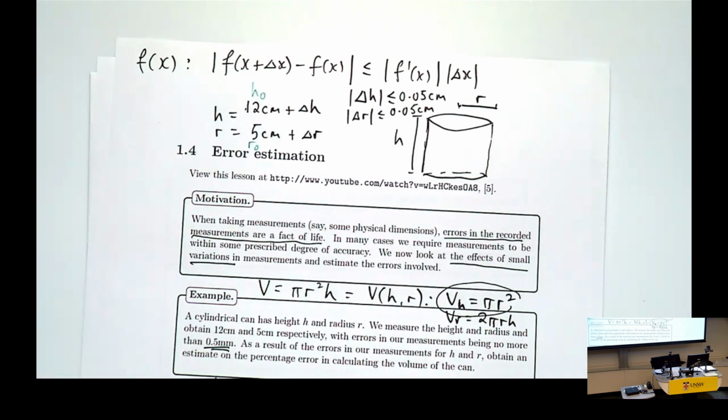But what else is at play here? What happens if, for example, I switched my measurements? Let's say I measured the height to be 12 and the radius, the height to be 5 and the radius to be 12. So we're flipping now. It makes a difference, right? Yeah.